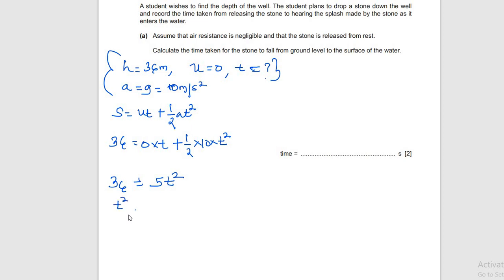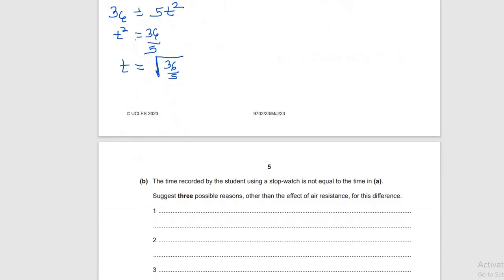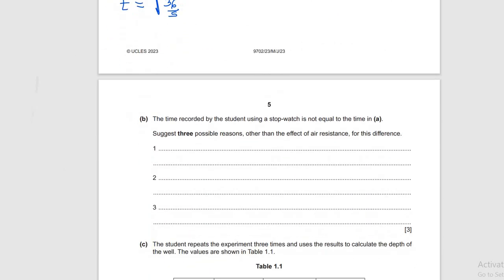So t squared is 36 over 5. So t will be the square root of 36 over 5, which gives 2.68 seconds. That's the time taken for the stone to fall from the ground level to the surface of the water. Now let's move to the next question.